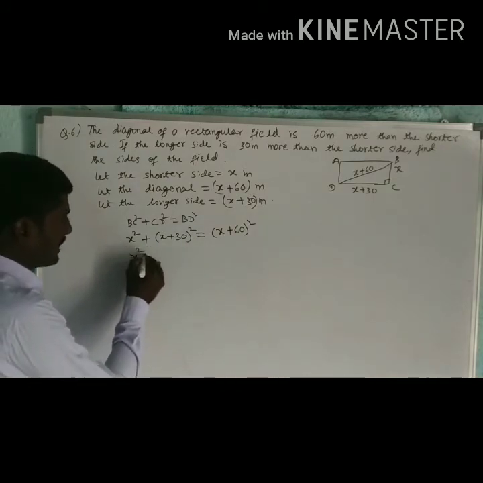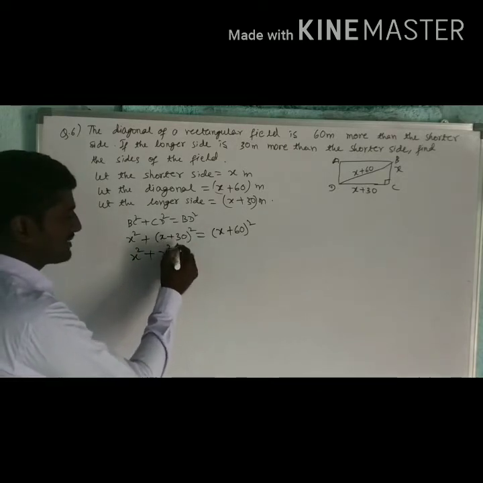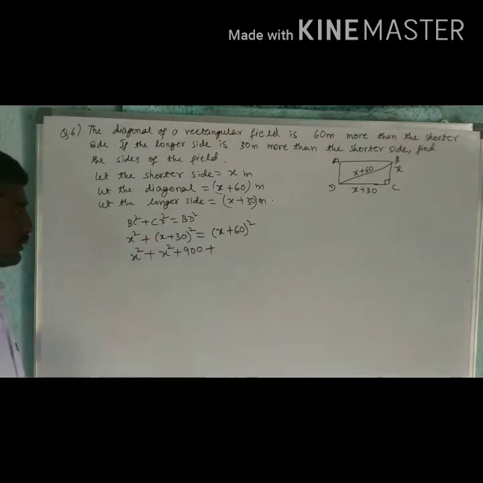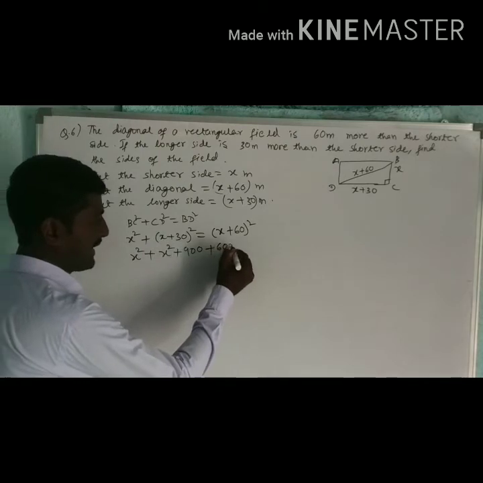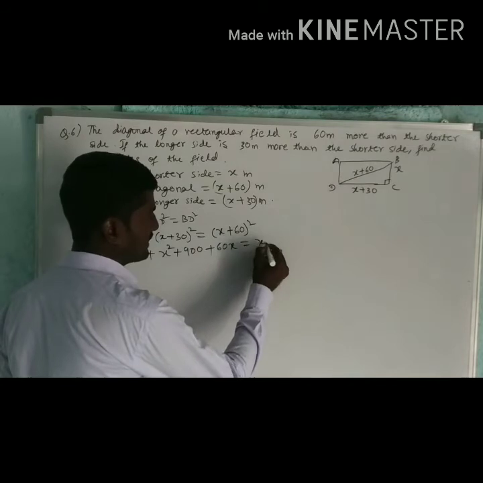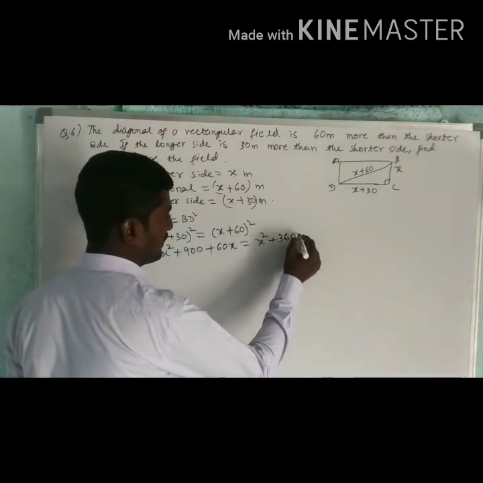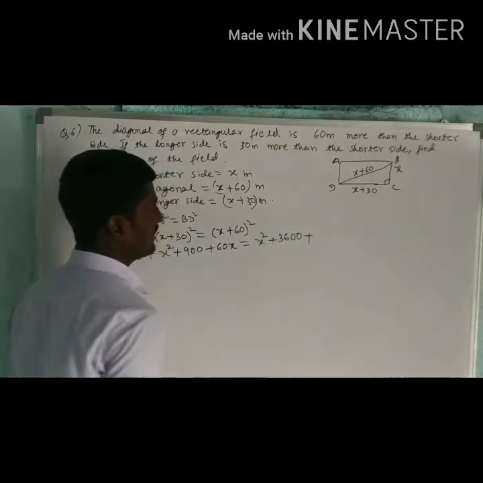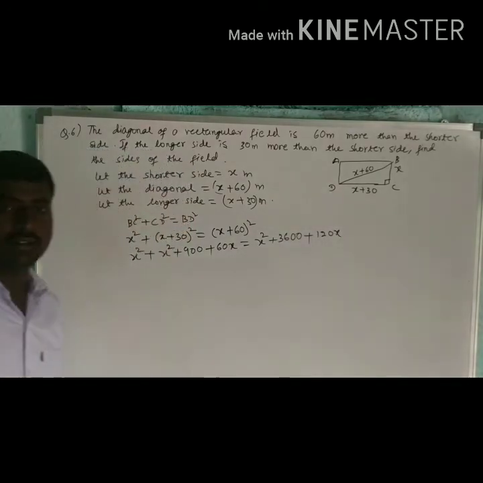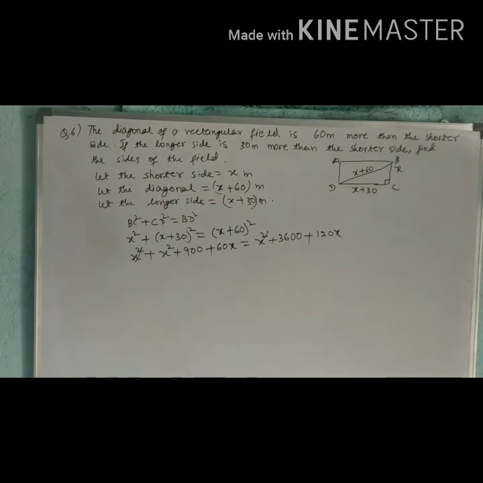This will be x square plus, using the a plus b whole square formula, 30 square is 900 plus 2ab, so 2 times 30 is 60x, is equal to x square plus 60 square, that is 3600, plus 2 times 60 is 120x.